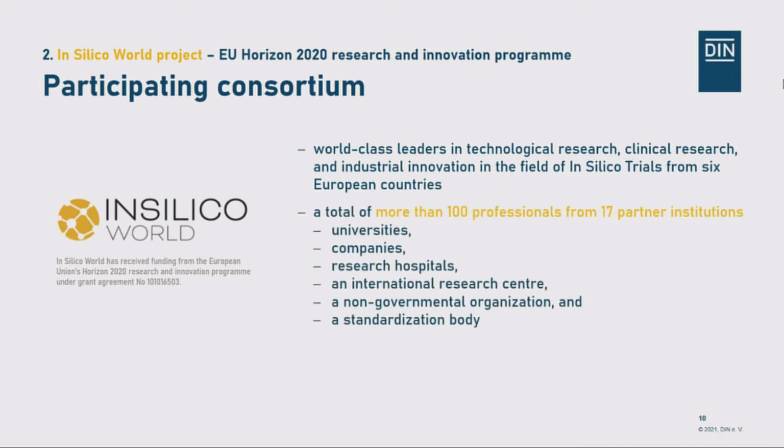They count on a total of more than 100 professionals from 17 partner institutions, including universities, companies, research hospitals, an international research center, a non-governmental organization, and with DIN, a standardization body.